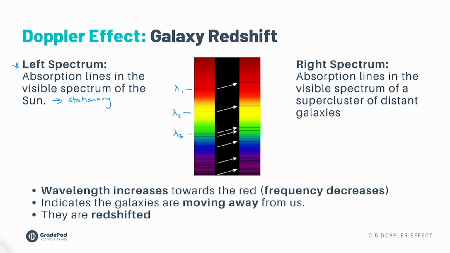If we analyse the absorption lines from a visible spectrum of a supercluster of distant galaxies, we believe they are moving away from us, and they're very distant. We know that it should be the same, but everything's shifted, and the shifted wavelengths all seem to be a little bit shifted towards the red end of the spectrum. They're a little bit longer.